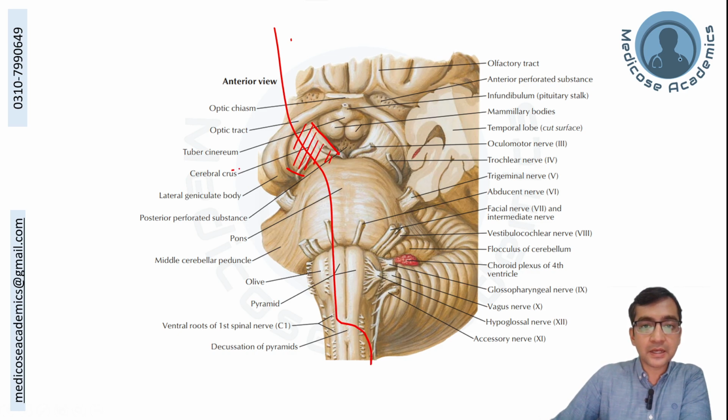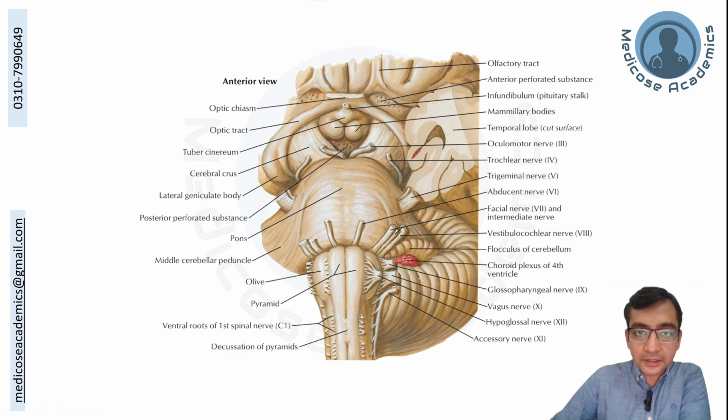There is a crus cerebri on each side, and between the two crus cerebri there is a gap. That gap is called the interpeduncular fossa, and through the gap you can see this sieve-like area, called the posterior perforated substance.